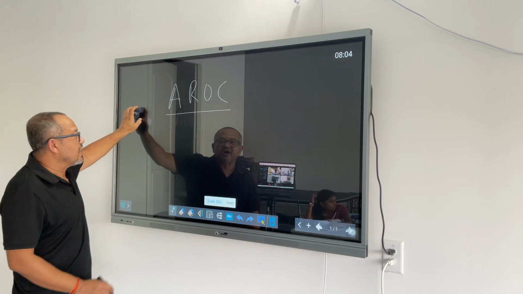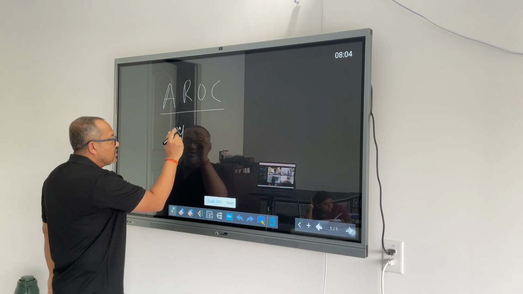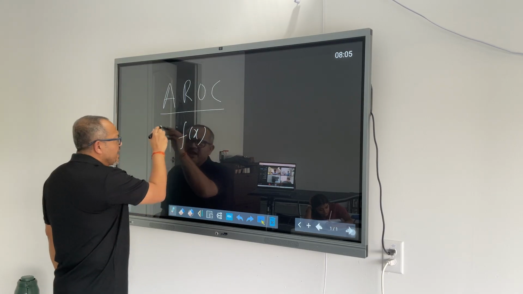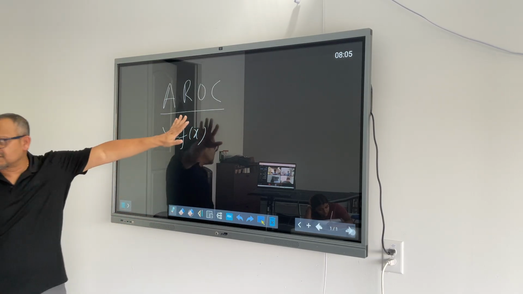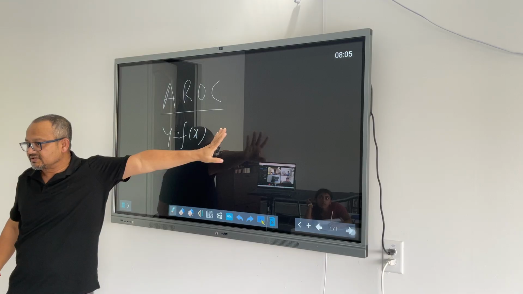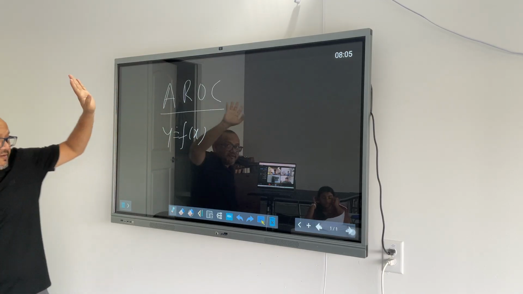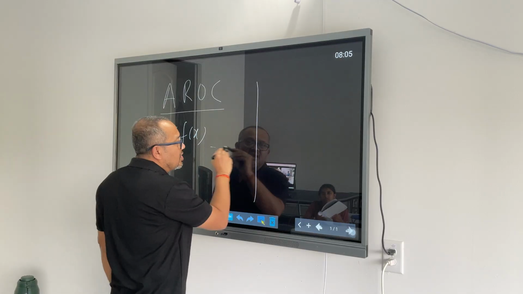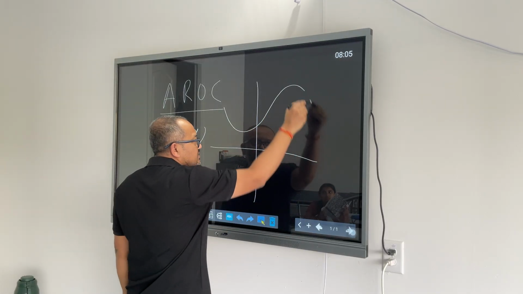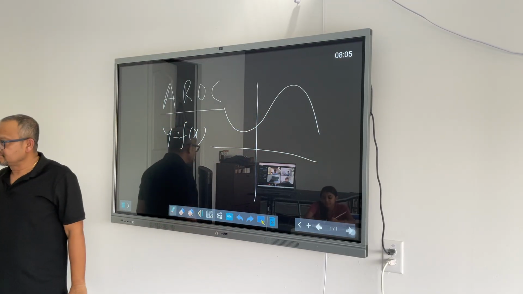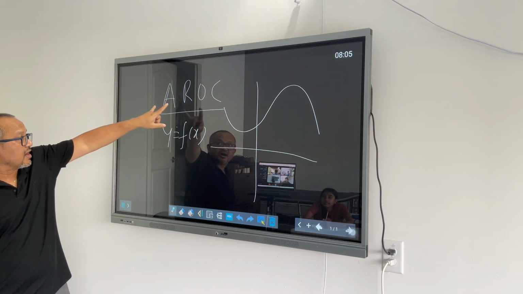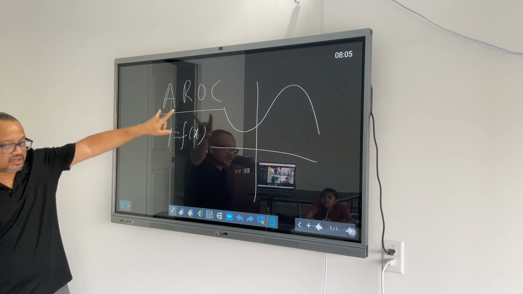Let's say you have a function y equals f of x, and I'm not defining what this f of x is. You have a function which plots something in the coordinate plane, something like this. Now, what does this AROC, or average rate of change, tell us?